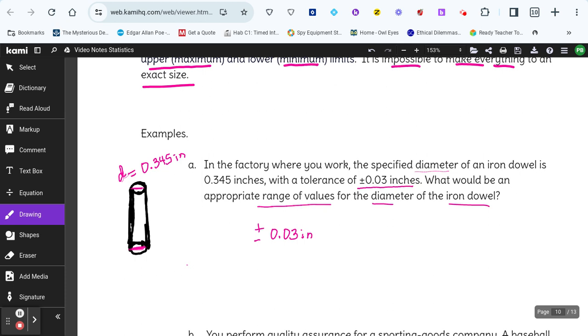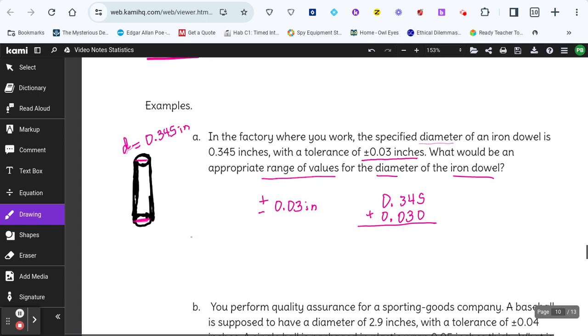So we can add 3/100 of an inch to it, or we could subtract 3/100 of an inch from the original diameter.